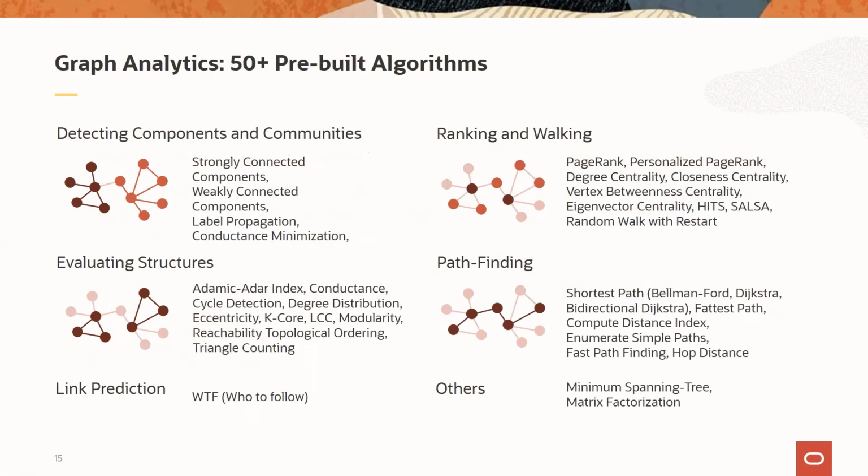And the 50 pre-built algorithms that we have span many different categories that you can see here. Detecting components: often graphs fall into tightly connected clusters, where the nodes are more tightly connected within the cluster and more loosely connected across clusters. It's really interesting to identify these clusters because it's useful in a variety of applications.